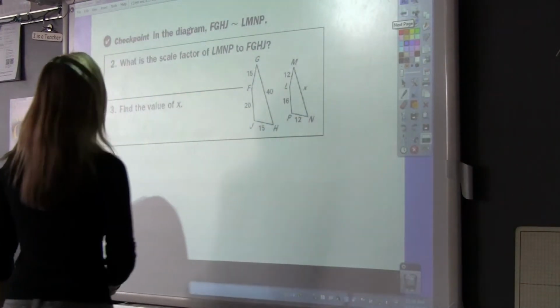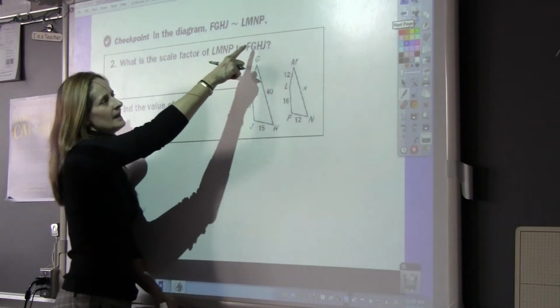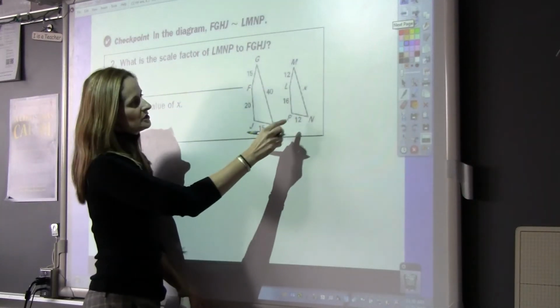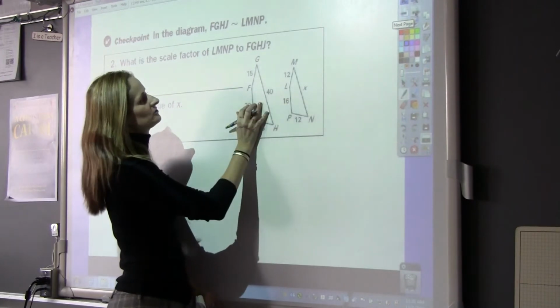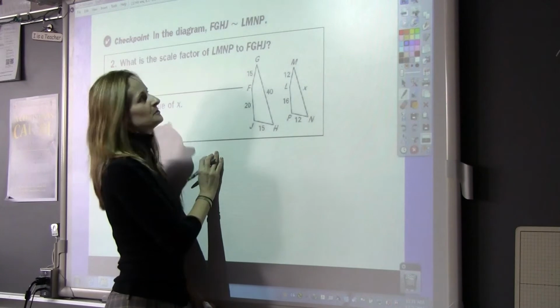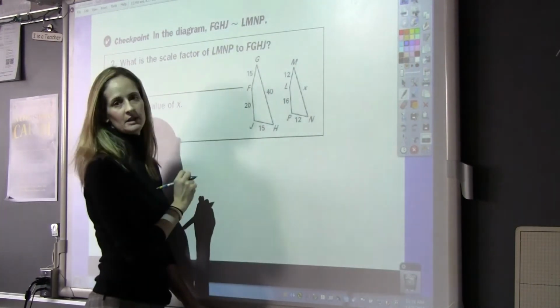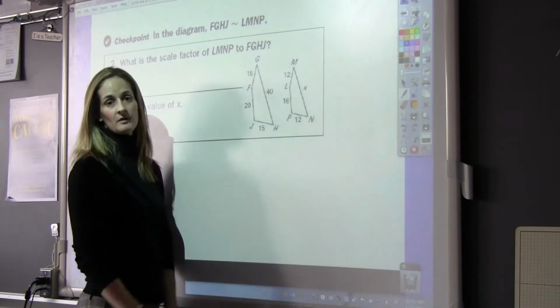All right, what is the scale factor of LMNP to FGHJ? So here's LMNP and here's FGHJ. So we need to find two sides that correspond to each other by looking at our similarity statement here and simplifying that ratio.